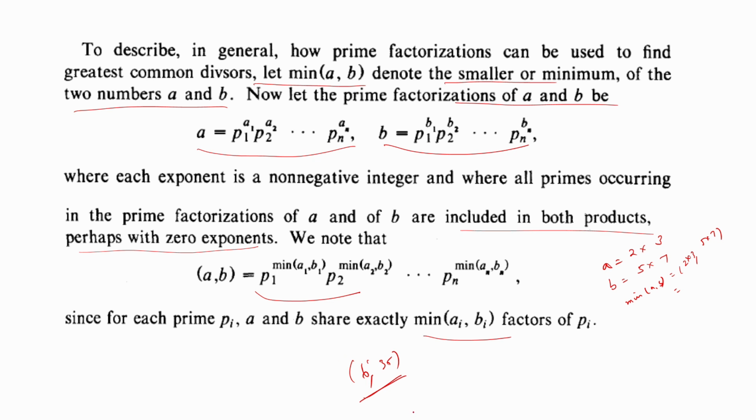You take the minimum of a1 and b1, a2 and b2, a3 and b3 and so on.